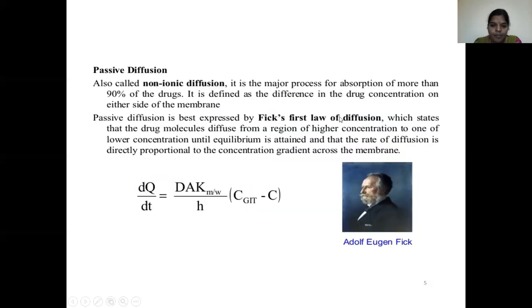I thought I can stop my class here because today you learned so many things. If you go on learning, definitely you will get confused. So first you have to focus on learning the cell membrane structure and cell membrane composition. Then coming to the mechanisms of drug absorption through GIT, how many types are there?